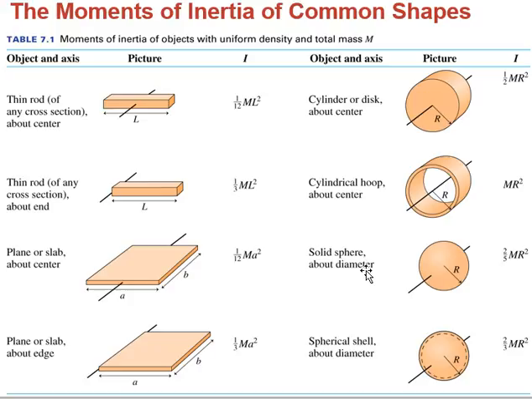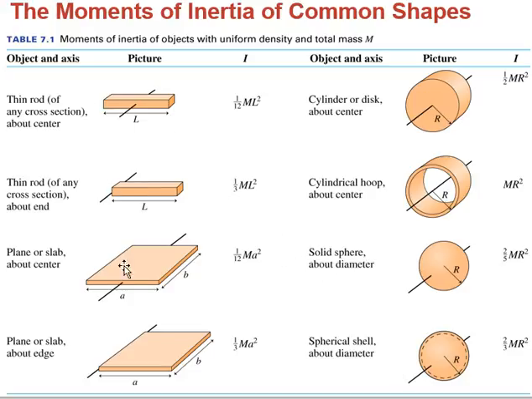Some great mathematicians and physicists working together have actually figured out the moment of inertia for many common shapes. And this table is in your book. It's table 7.1. There are some basic shapes like a thin rod, a plane or slab, a cylinder or disc, a hoop, or a sphere.